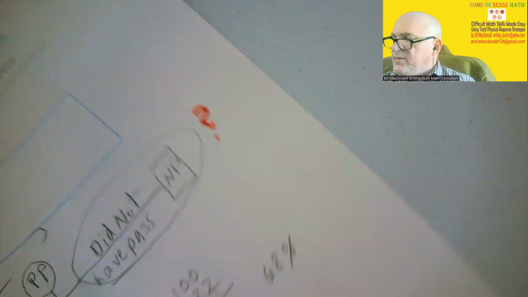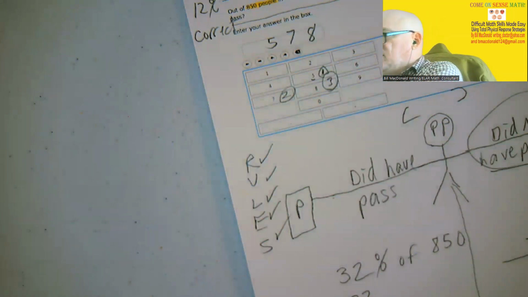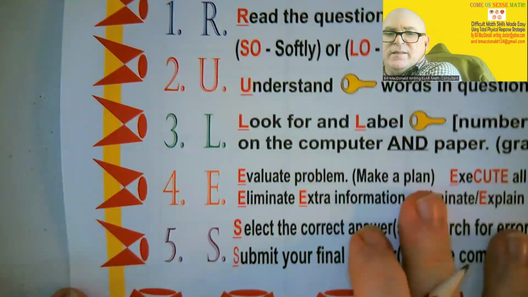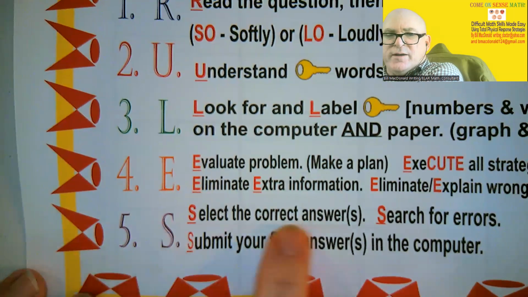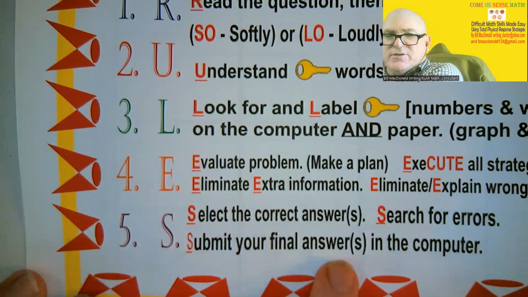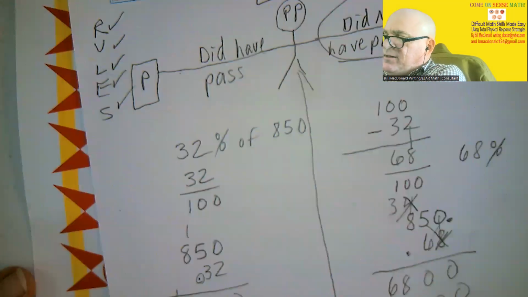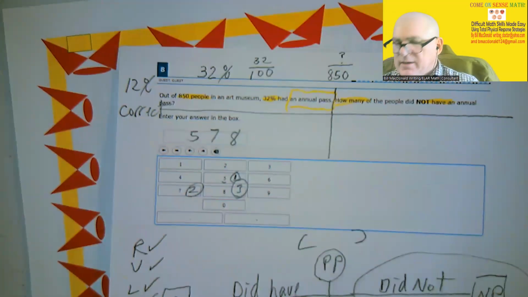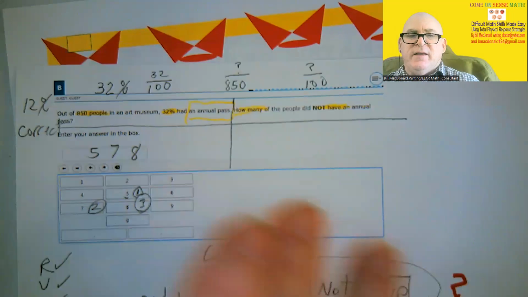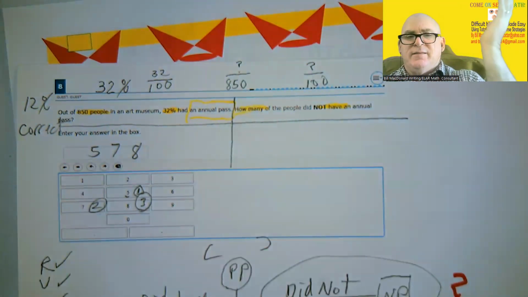And so when I flip my chart over, down to 4 seconds, so I've got to hurry. Now that I've got my answer, taking that shortcut, once I've searched for errors because I checked it both ways, I can submit my final answer into the computer, and I would have a lot more than 12% of the kids getting it right if they know how to compare and contrast the haves from the have-nots.